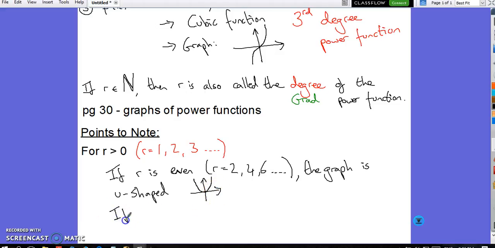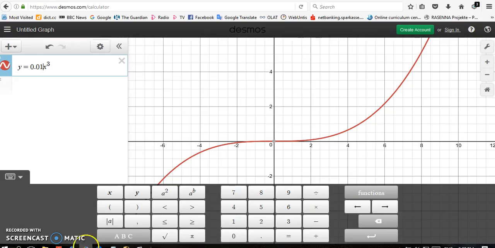However, if r is odd. So if we look, for example, at 1 is a special case, it doesn't really hold. But if you look at 3 or 5, and again this pattern carries on, then you can notice as well that this kind of S shape, I mean S isn't really a good approximation for the shape, but you kind of know the shape I mean, this one that we had here. This shape is continued as well, or represented as well in the x to the power of 5 one.